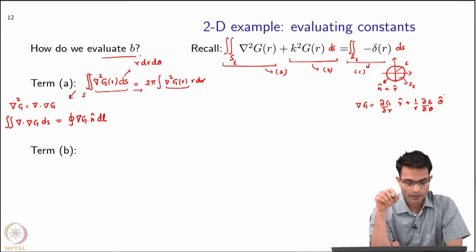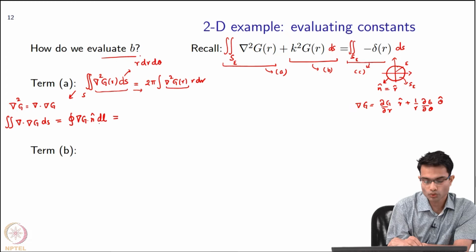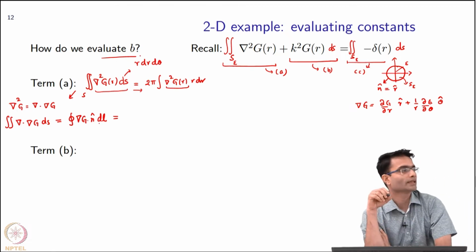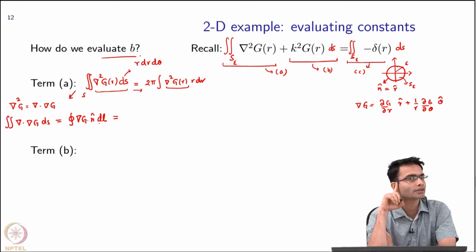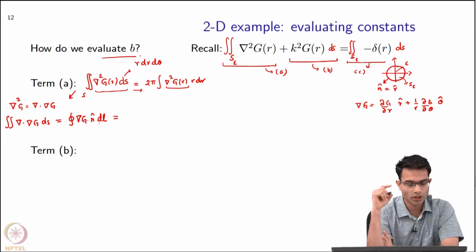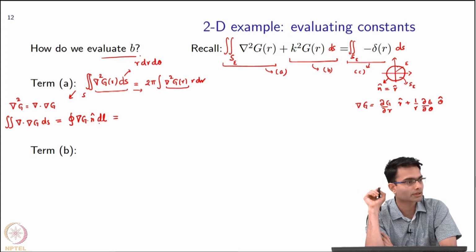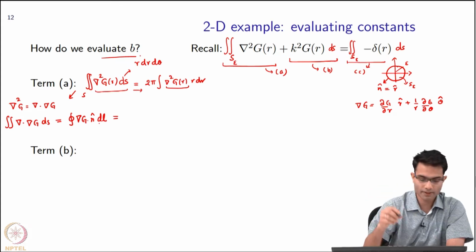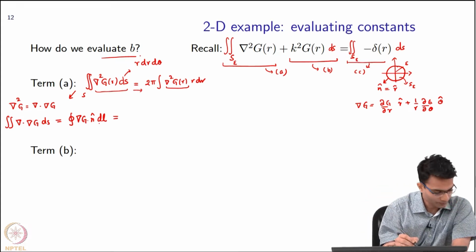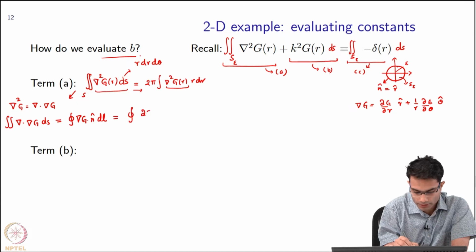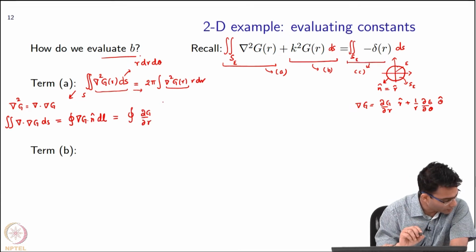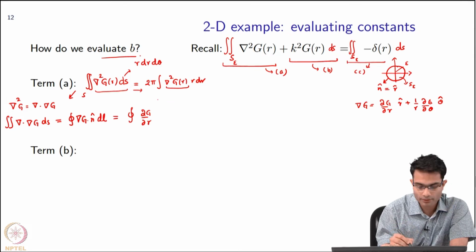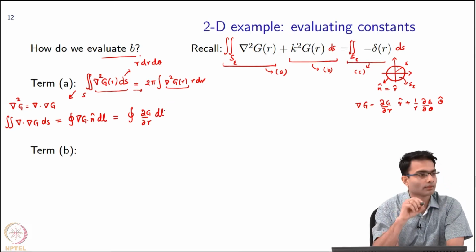You know n hat is r hat, and theta hat has what relation to r hat? Perpendicular, right. So, only one term is going to survive from this integral, and that is del g by del r. So, this is going to become the integral of del g by del r dl.